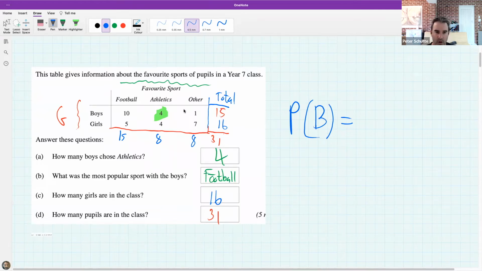Okay, so you know that there were 31 people in this group, so that's the possibilities. And how many of them are boys? It's 15 out of 31. Okay, awesome.